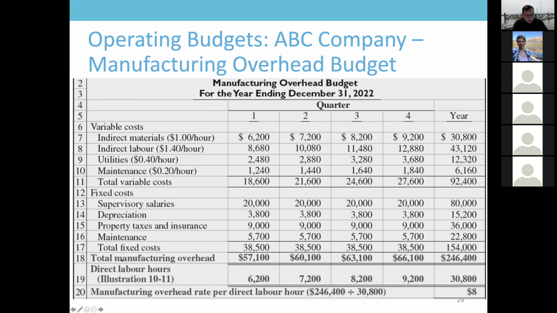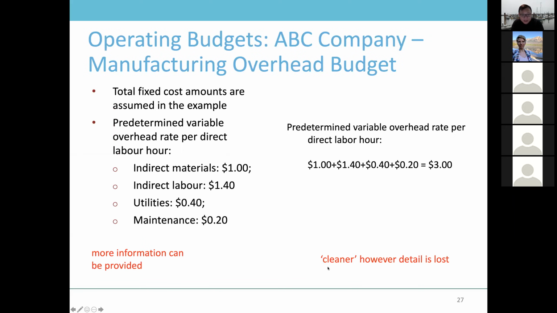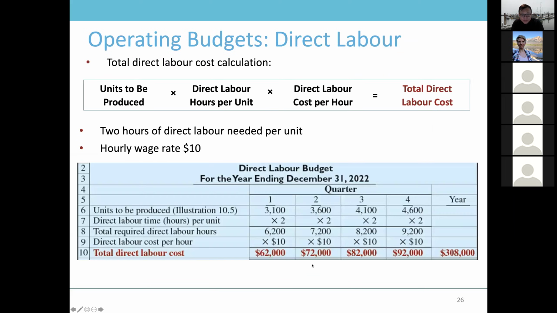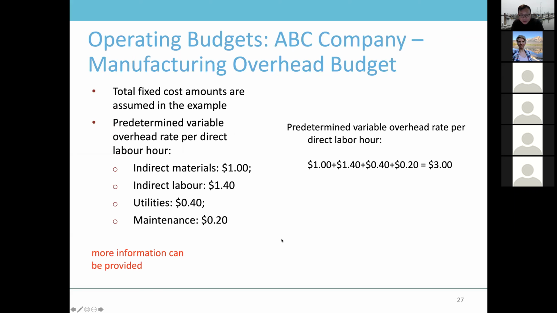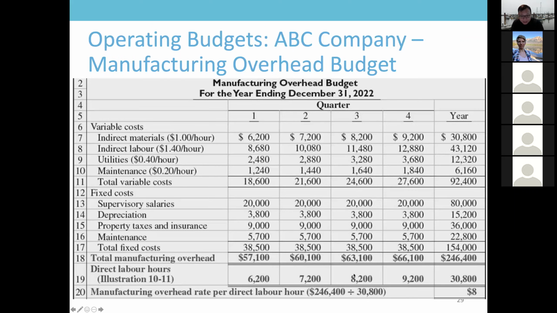We know the direct labor hours for each quarter. These numbers we have just figured out in our budget, so we're going to use that number.